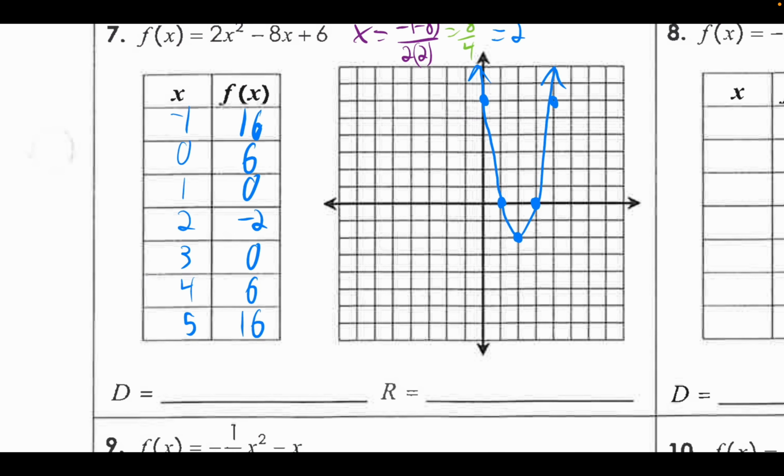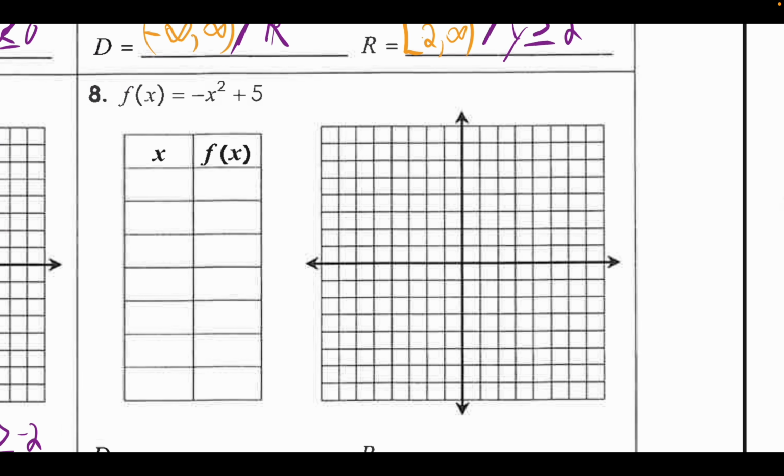It's something you can always use to check some of your work a little bit. The domain would be negative infinity to positive infinity as always, or you could write it as all real numbers. And the range is -2 and higher, from low to high. So that'd be [-2, infinity) with a bracket on -2, or y is greater than or equal to -2.